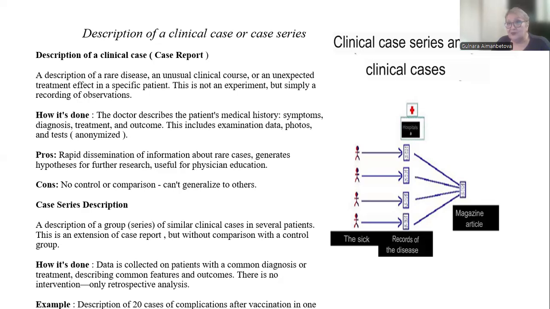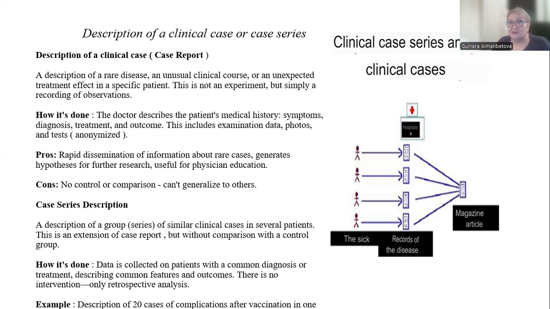This includes examination data, photos, and tests, anonymous. Rapid dissemination of information about rare cases generates hypotheses for further research and is useful for physician education. Disadvantage: no control or comparison, cannot generalize to others.